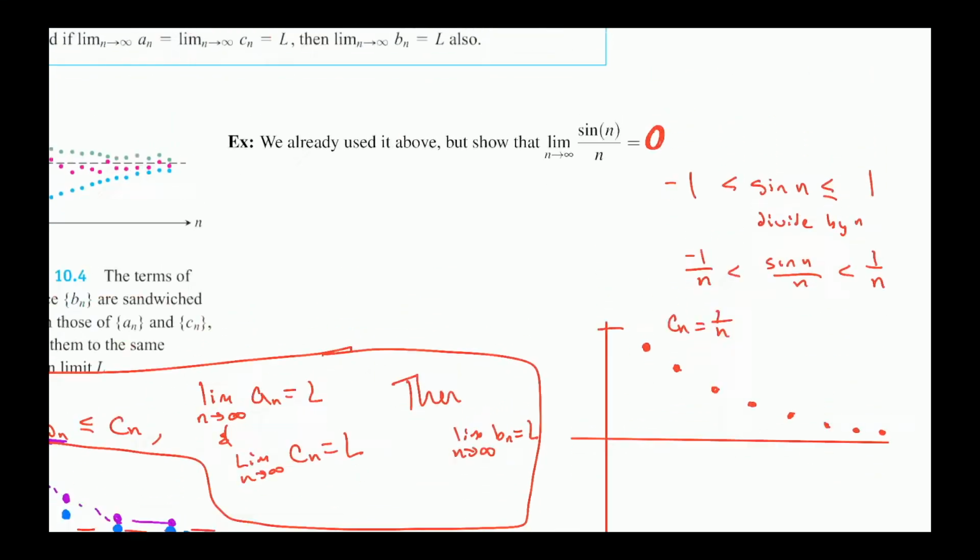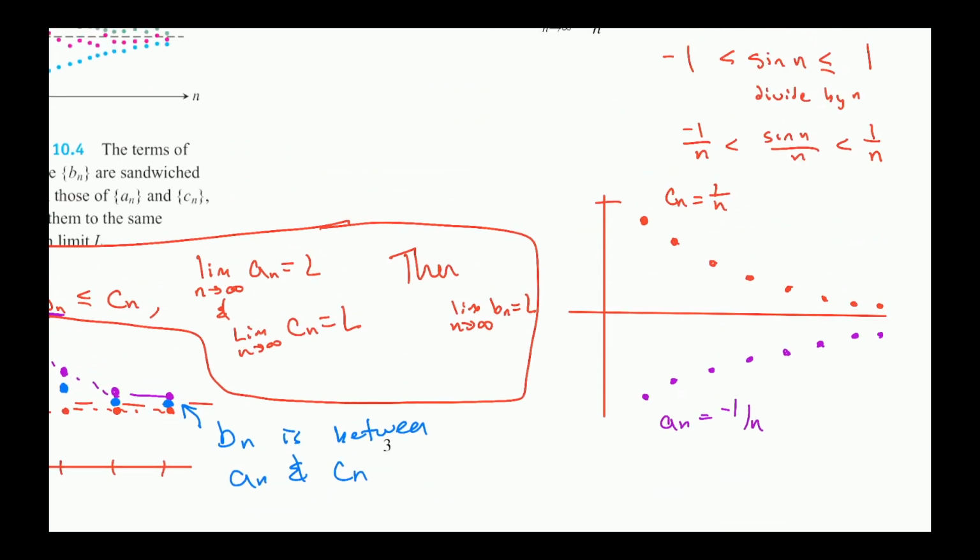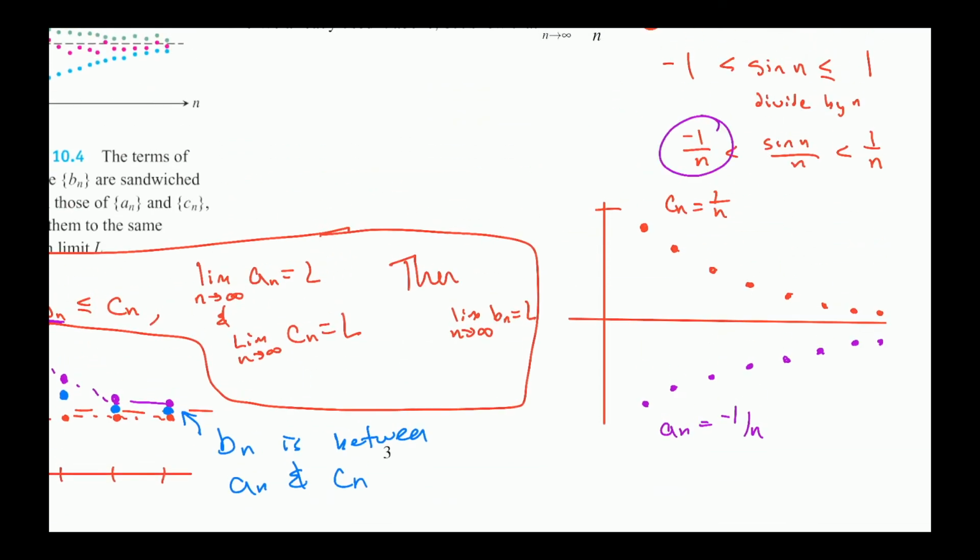And then down on the bottom, you've got the same sequence, but negative. -1 over n on the bottom, right? So you've got the -1 over n on the bottom, you've got +1 over n on the top, and then this sequence must be in between them. And I don't know exactly where those numbers are, so I'm not going to draw them in the right place.